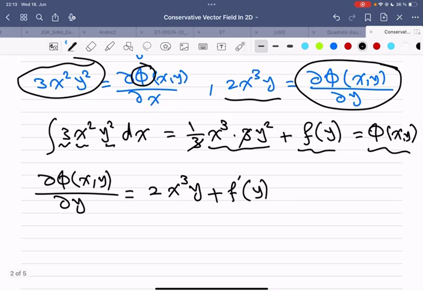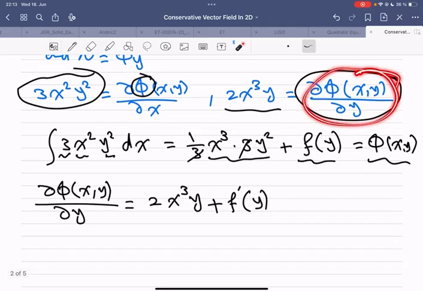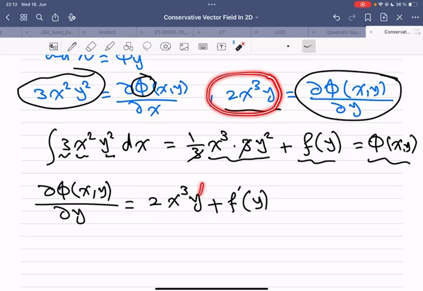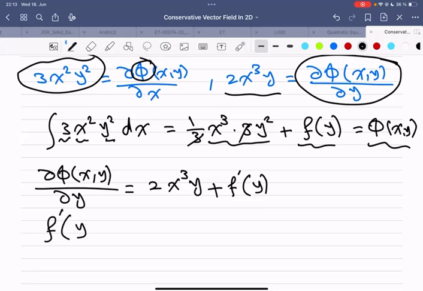If you compare this partial derivative to this partial derivative, you will find that 2x to the power 3 y is the same. So f dash y will be 0. So here f dash y equals 0. So f(y) will be constant.